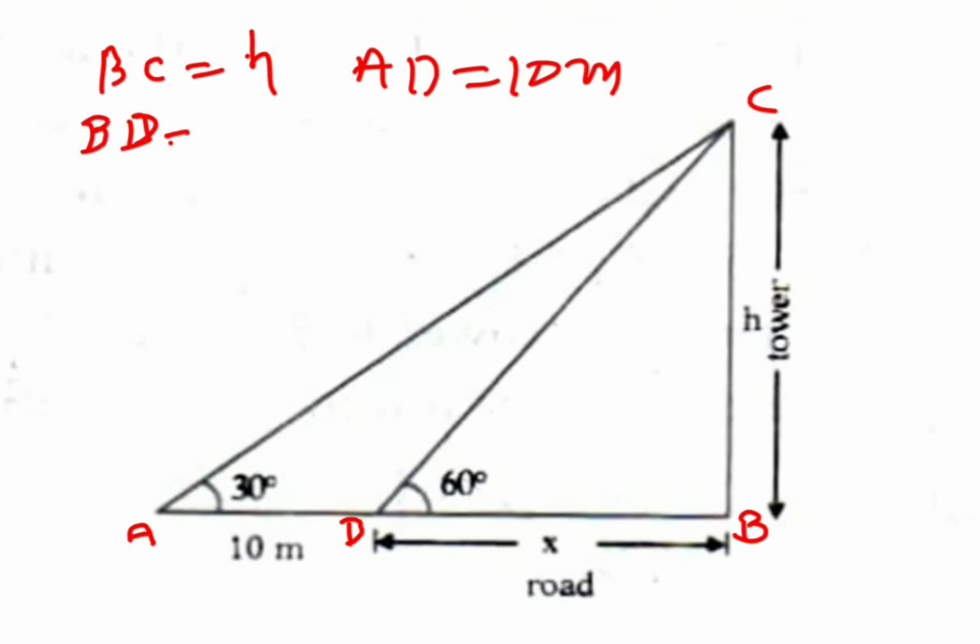AB is equal to AD plus DB, that is 10 plus x, or x plus 10. Now in these two triangles, BC is the common side for both the ABC triangle and the DBC triangle. These two are right angle triangles.